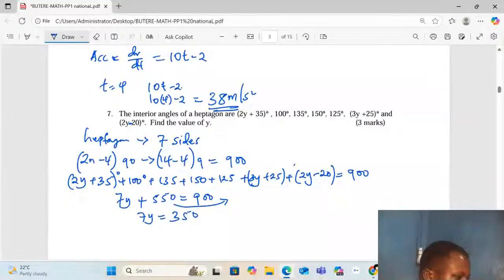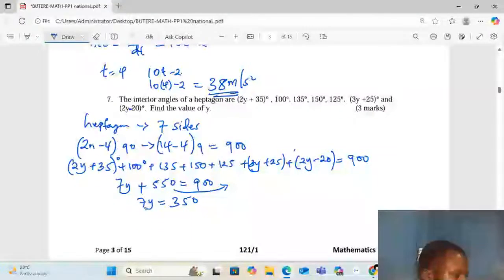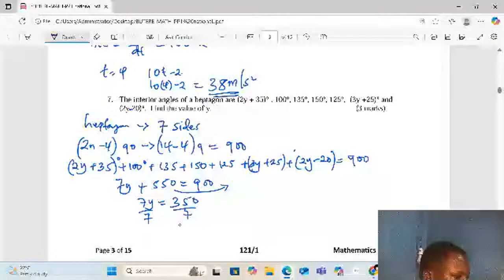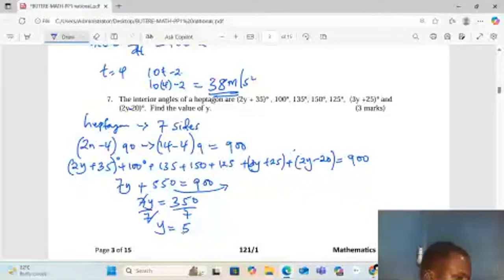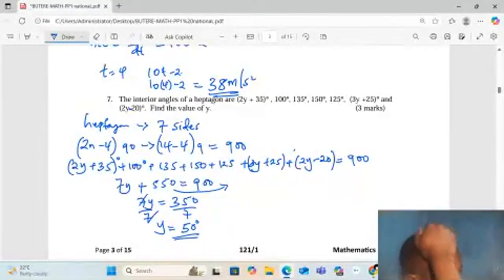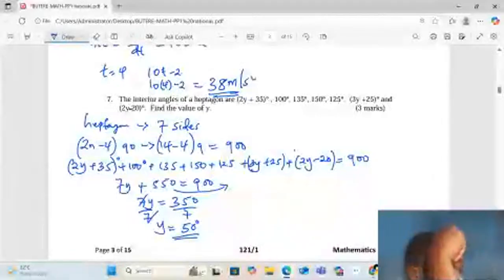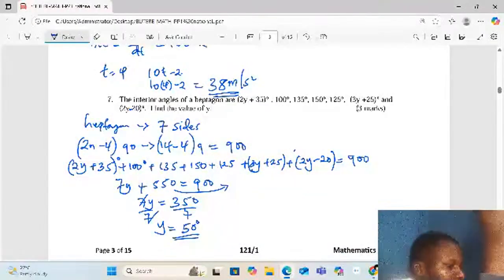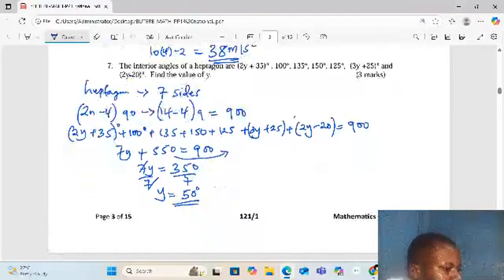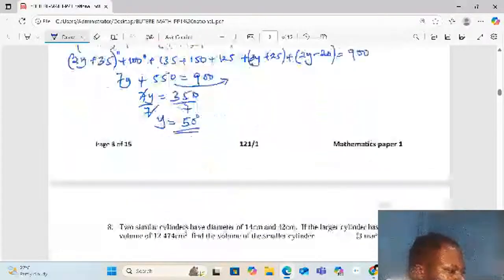For us to remain with y, you divide both sides by 7, so that y is equal to 50. The value of y is now 50. As simple as that. So you get 3 marks using that approach.